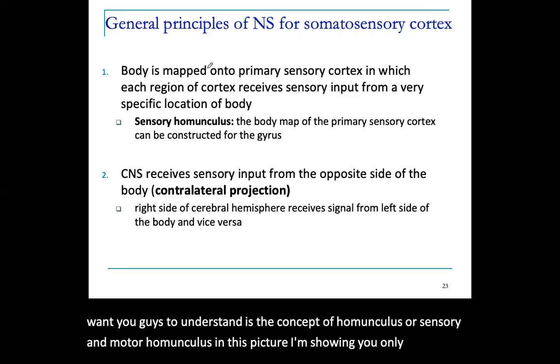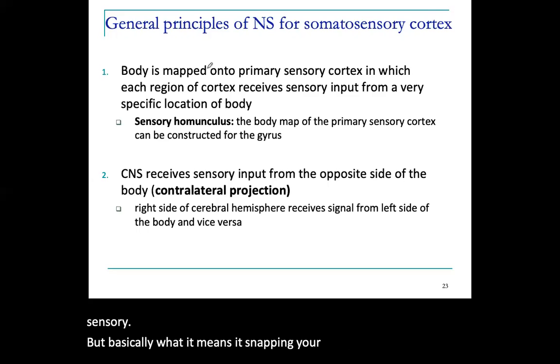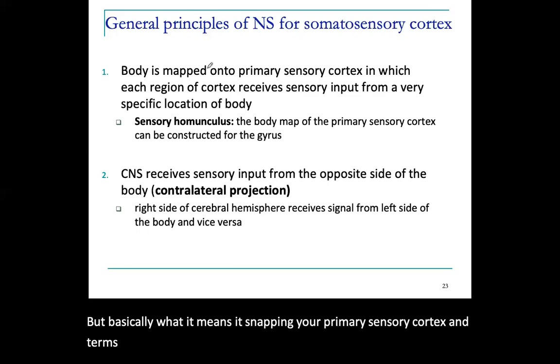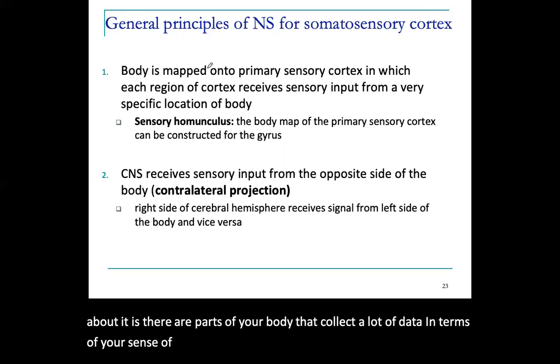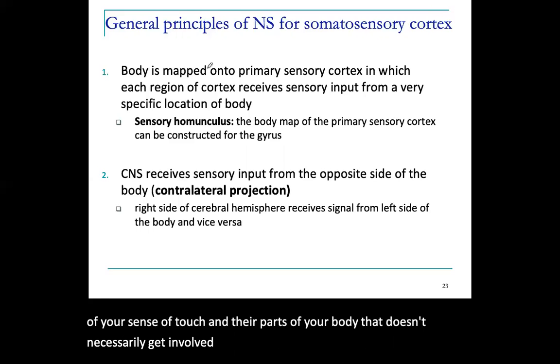It means mapping your primary sensory cortex in terms of your sense of touch. The best way I tell my students to think about it is that there are parts of your body that collect a lot of sensory, somatosensory, or sense of touch data, and parts that don't.